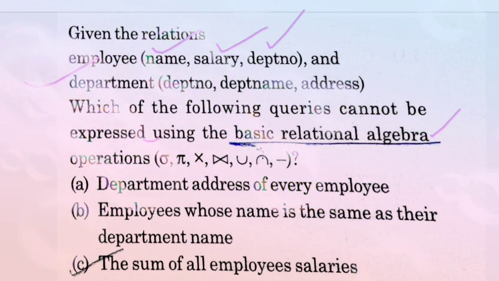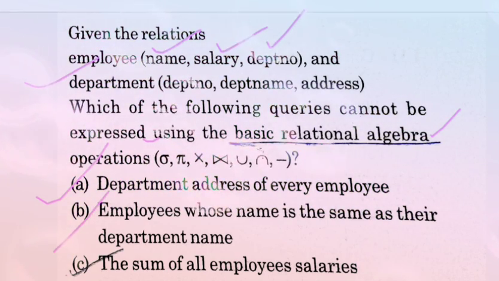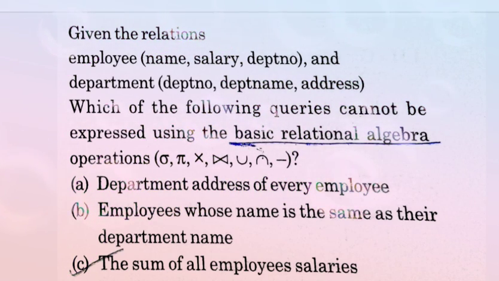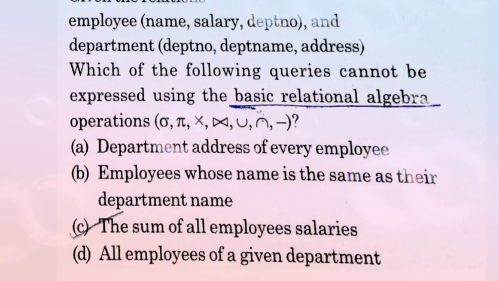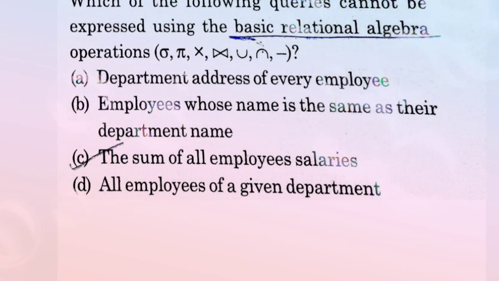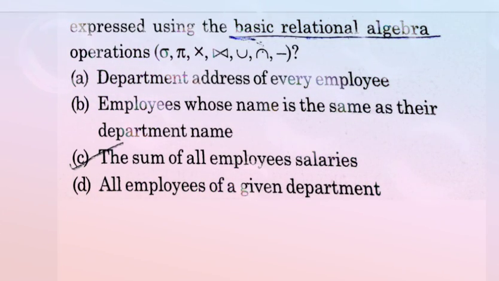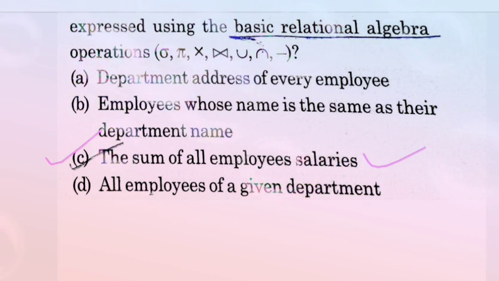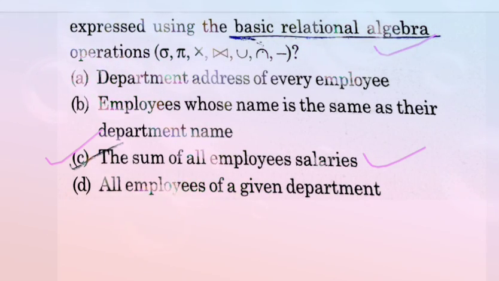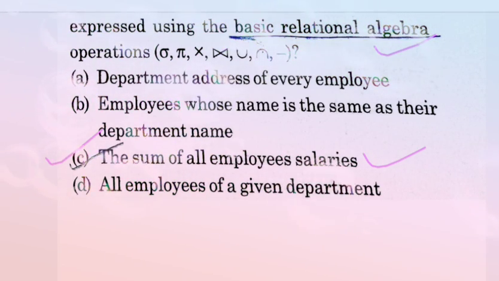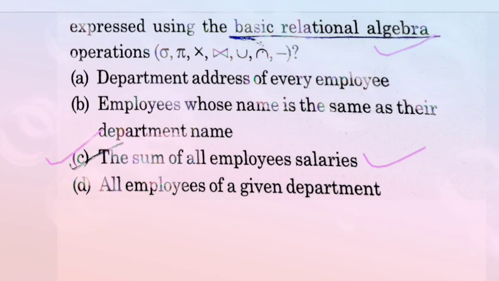There are four options, A, B, C and D. Based on the options, we easily say option C is correct. Why? Because the sum of all employees' salaries is not a basic relational algebra operation. Now come to the next question.